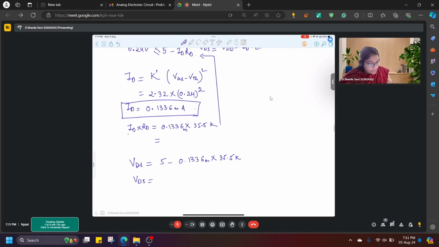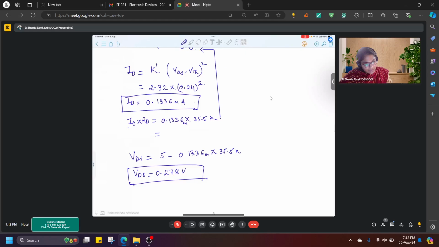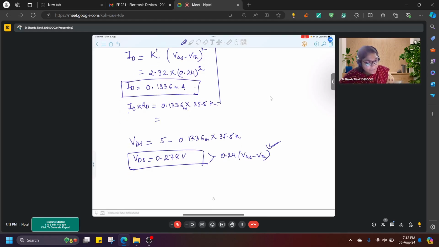VDS turns out to be 0.378 volts. Now VDS turns out to be 0.378, which is greater than 0.24, that is VGS minus VT. So what is the operating condition of the MOSFET? What is the region of operation when VDS is greater than VGS minus VT?